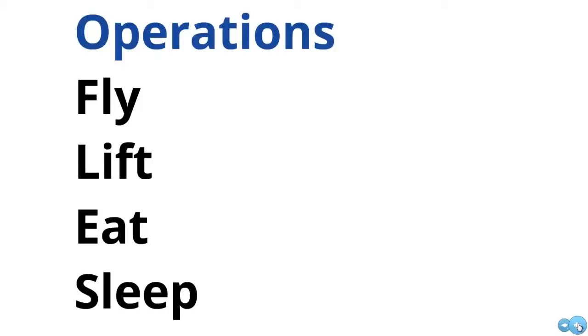We're not saying that other superheroes cannot fly or lift or eat stuff, but in writing a program we would want Superman to fly, or we would want the Hulk to lift something, or Batman to lift something, or Iron Man to sleep, or whatever it may be. So we would have to be referring to a specific instance of the class to perform some specific operation.